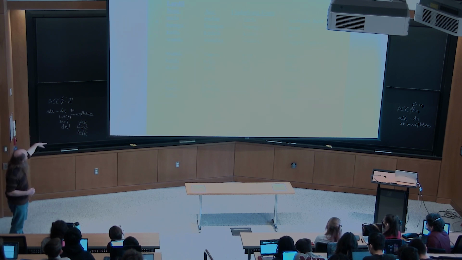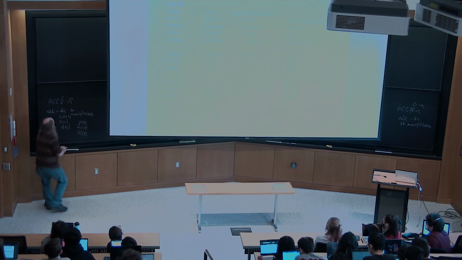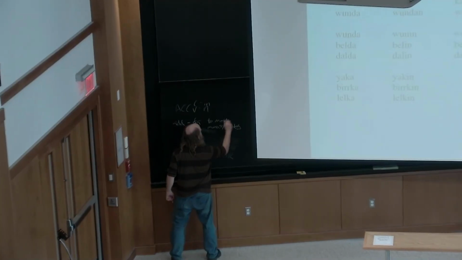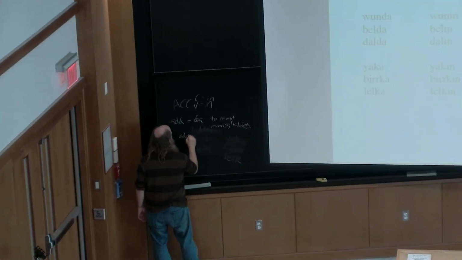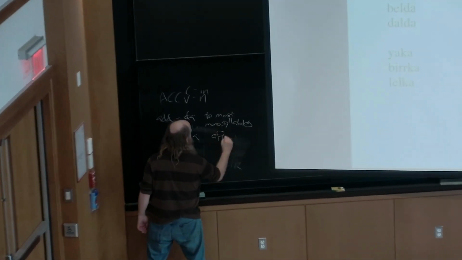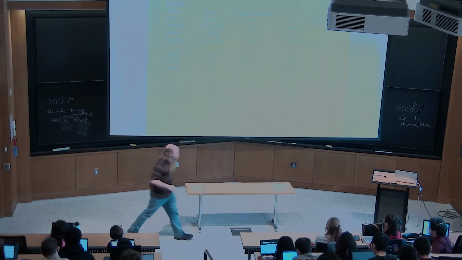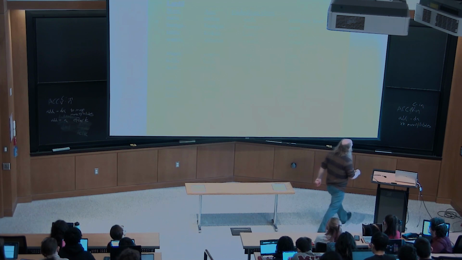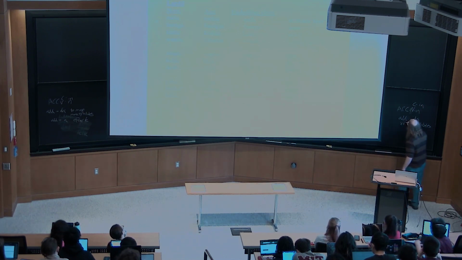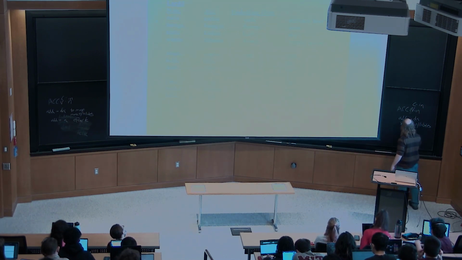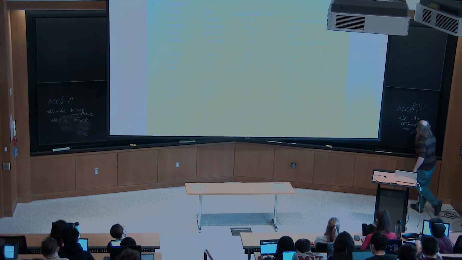It's not add da to monosyllables. It's add da to, I'll say, most monosyllables, after K. Say the same thing over here. Add da to most monosyllables, add after K.